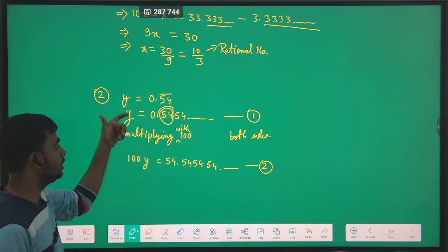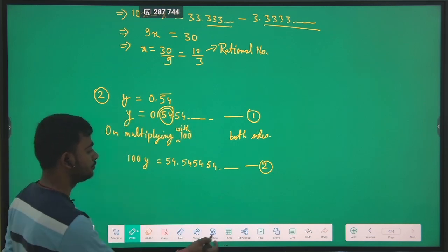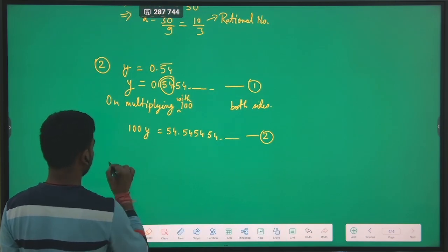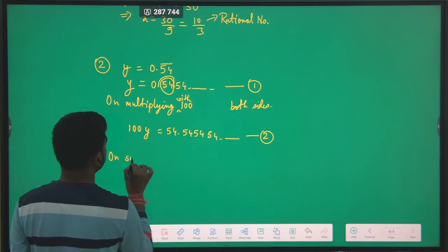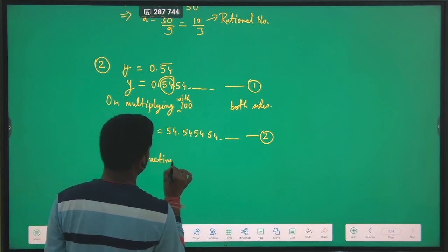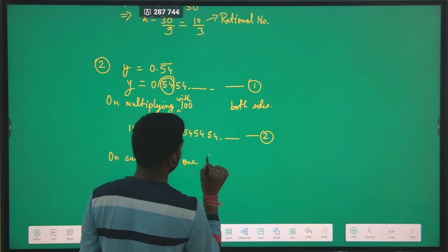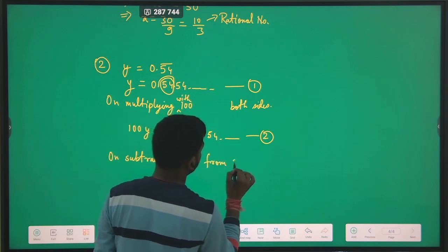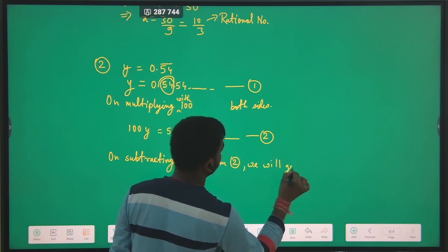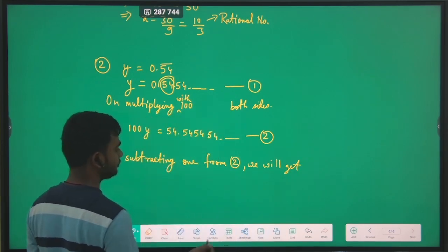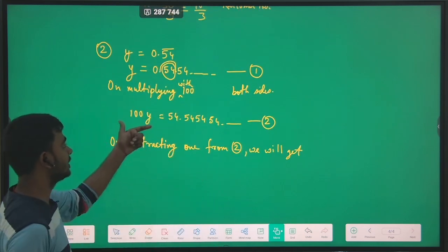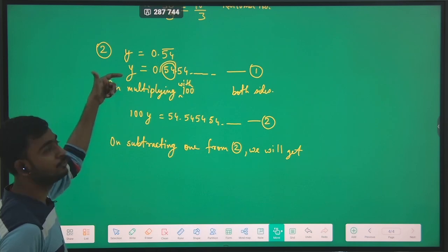So on subtracting 1 from 2, we will subtract y from 100y.